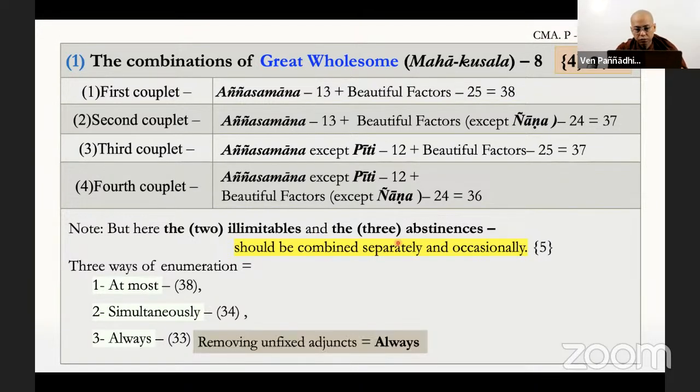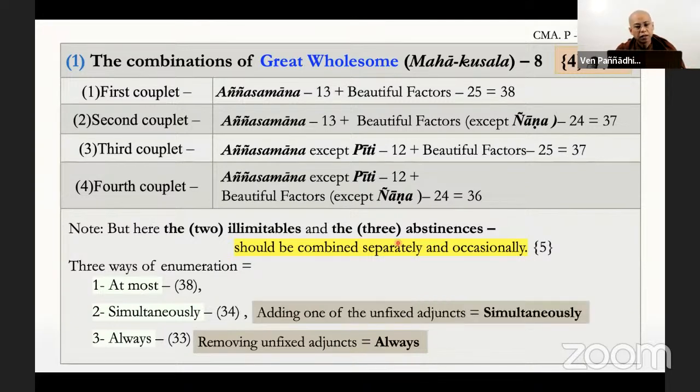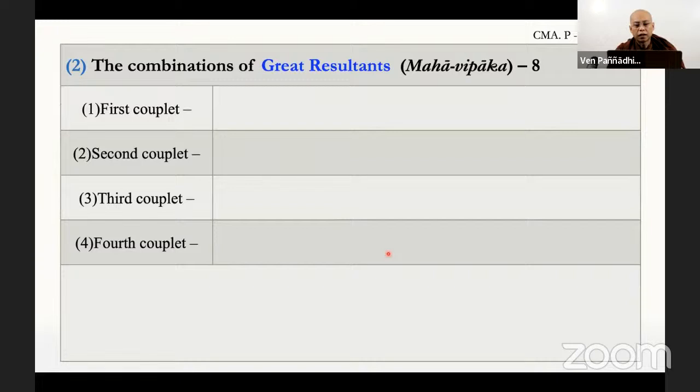So let's continue. Here, how we get the always is by removing the unfit adjuncts, and for simultaneously, adding only one, because they all come separately. Okay, so for the resultant, you remember the resultant first couplet.